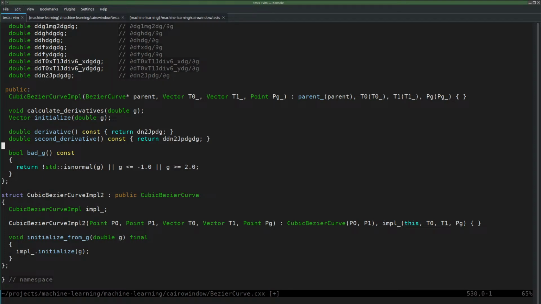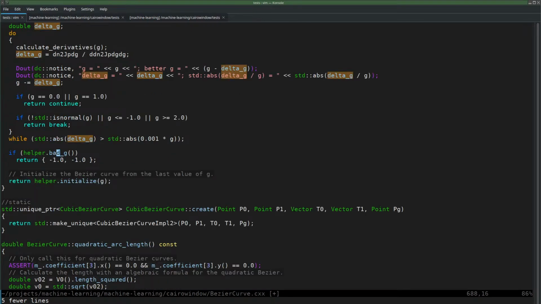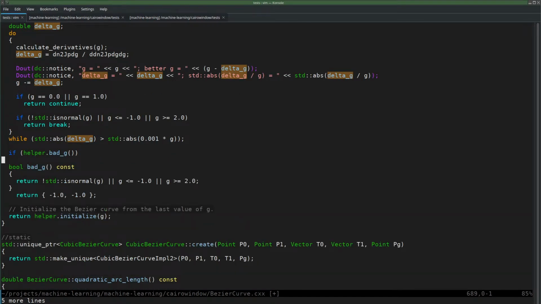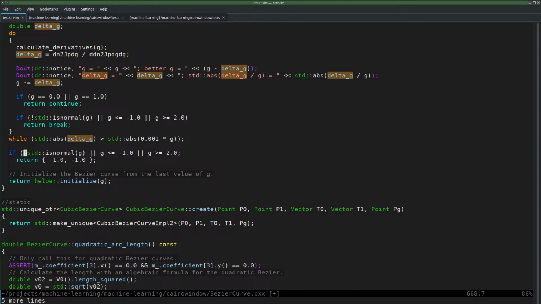Yeah, we don't have a G anymore, so this does not exist. It's a bit heuristic anyway. I want to get rid of these things. Now I have everything. Delta G only exists in this function. And so should G.